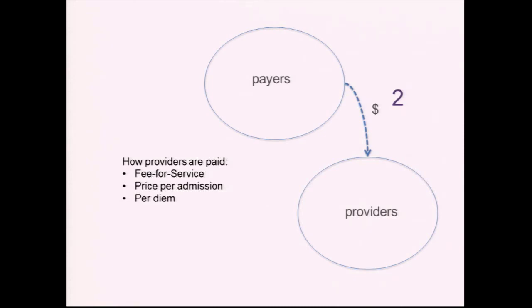We usually pay them by fee for service. We give them a fee for every single thing we do. In the context of hospitals, we usually pay per admission. Right? So as long as the fee covers the costs associated with the admission, physicians generally have incentives to admit people more often. Admit people if you think there's any possibility that they need to be admitted.